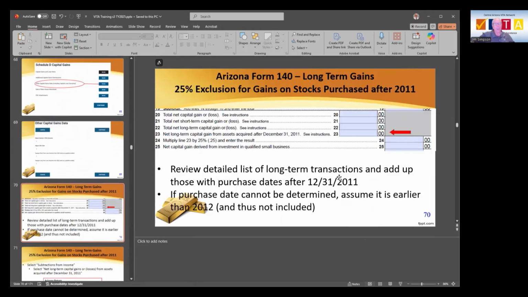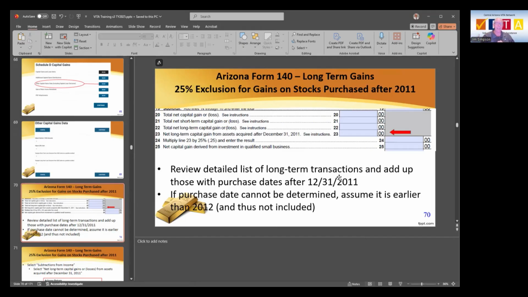Okay, now Arizona has a specific thing here that says for capital gains from assets acquired after December 31st, 2011, which is starting to be most things. I mean, that's 14 years ago, right? So most of these things will qualify for this. They get a separate deduction on the Arizona return of 25%.